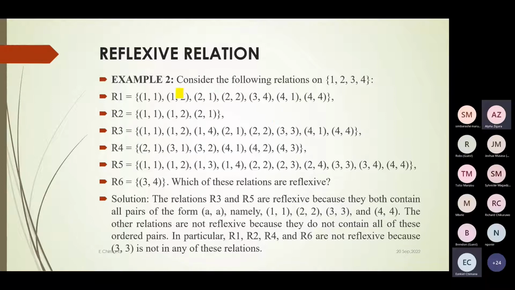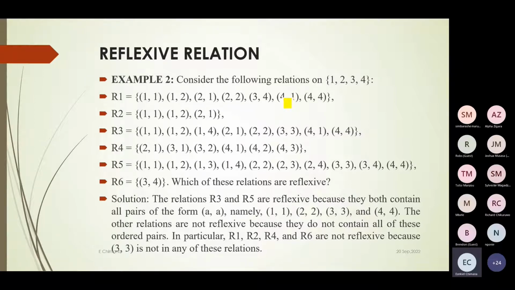Like here, we've got relation R1, and we've got all these ordered pairs, but we do not know the logic that was being used to select these subsets. So what we are seeing here is just a list of subsets that were taken from this set, and then we want to confirm if it is a reflexive relation.